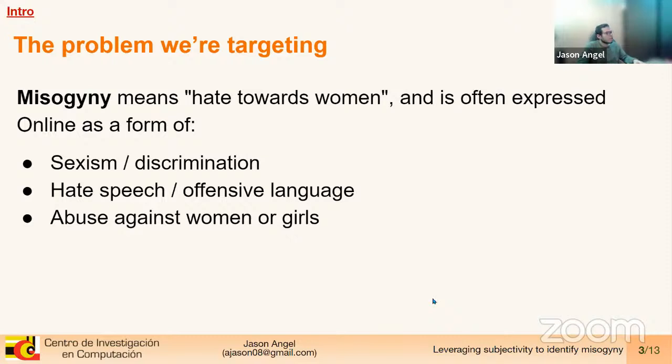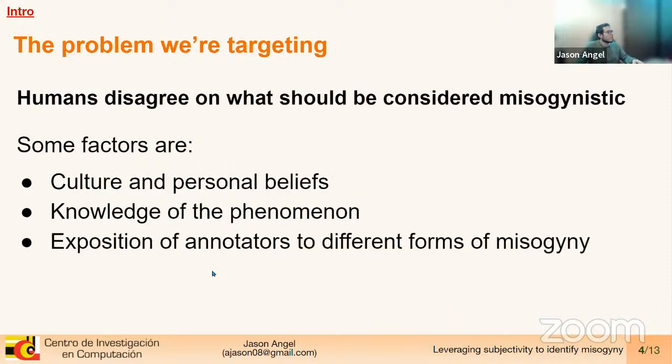But the problem here is that we rely on annotators, and it is very problematic because humans disagree about what one should consider to be misogynistic. So, for example, one can have different beliefs because of background or culture, or maybe they don't know the phenomenon very well and they misjudge what is a misogynistic practice or expression.